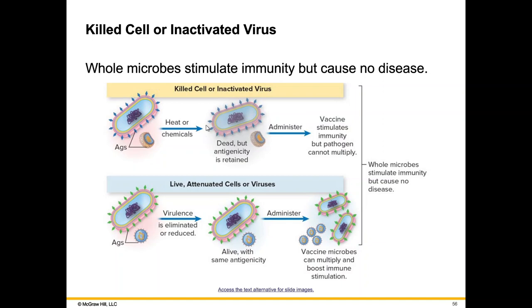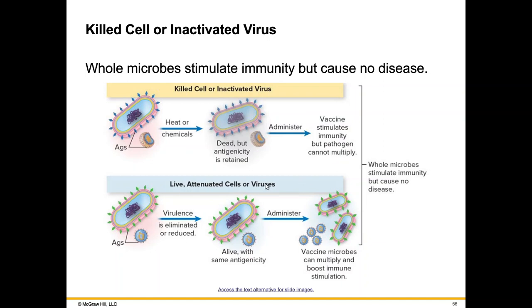And so in this case, with the cell, it's dead. But antigenicity is retained, meaning it still has these antigens on its cell membrane that can stimulate a response if we administer it into a human. Likewise, here we have our virus. It's technically not dead, it's inactivated, but it can still cause an immune response. So it doesn't make you sick because it's inactivated or dead, but it can still mount an immune response.